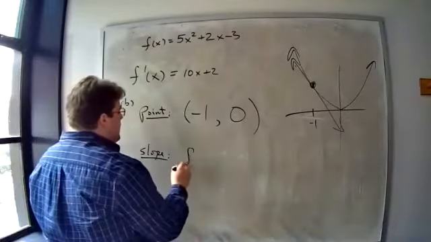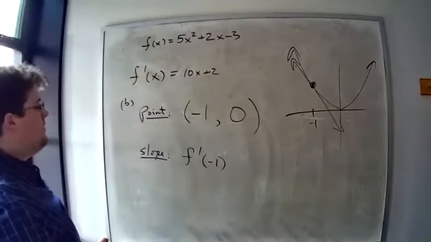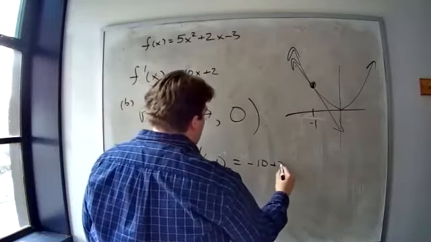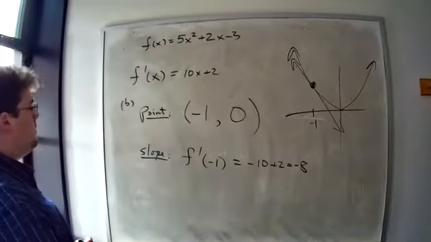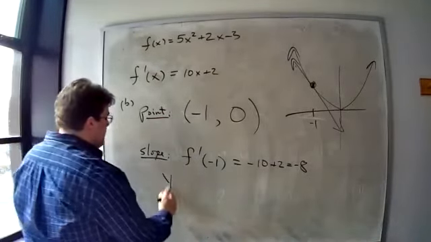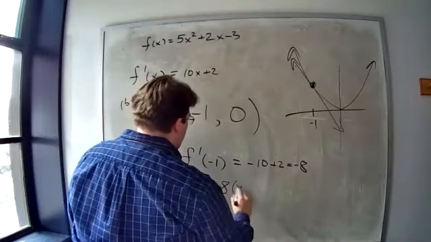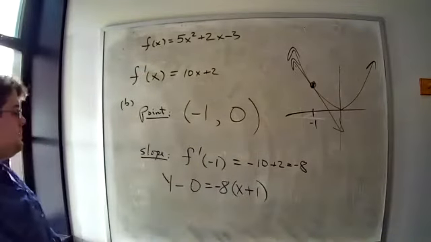So if we want the slope of the tangent line at -1, all we need is to evaluate the derivative at x equals -1. And what do we get? -10 plus 2, which is -8. And from here, we get our equation for the line. y minus the y value, 0, equals -8 times x minus negative 1, x plus 1.